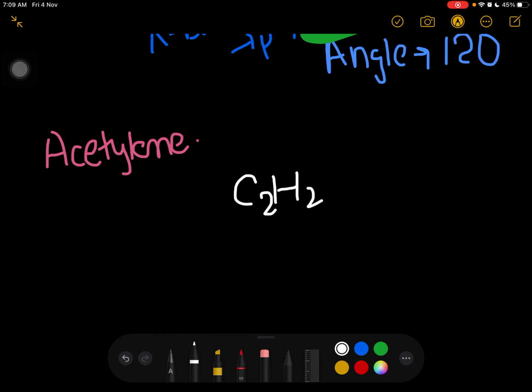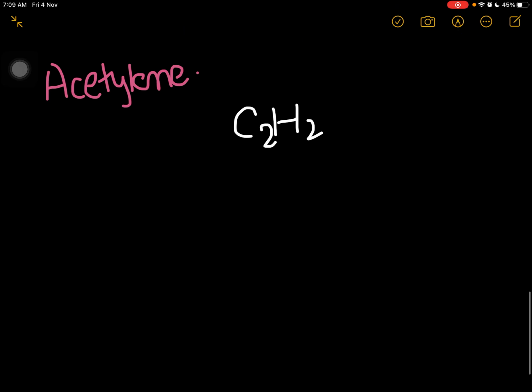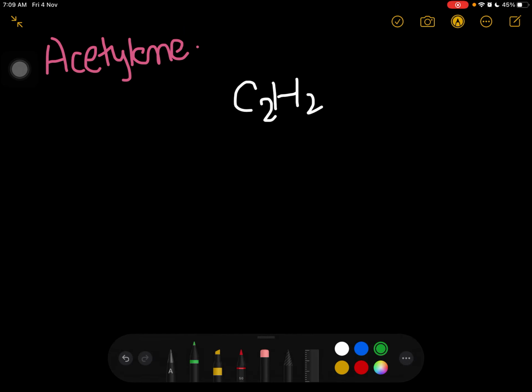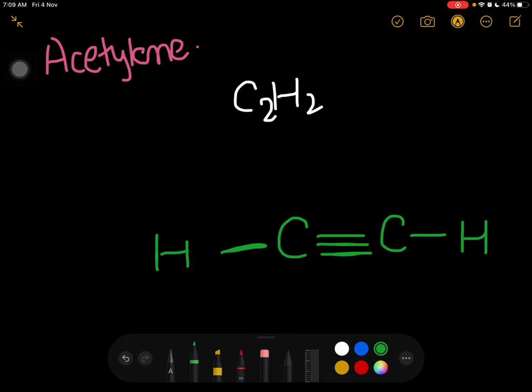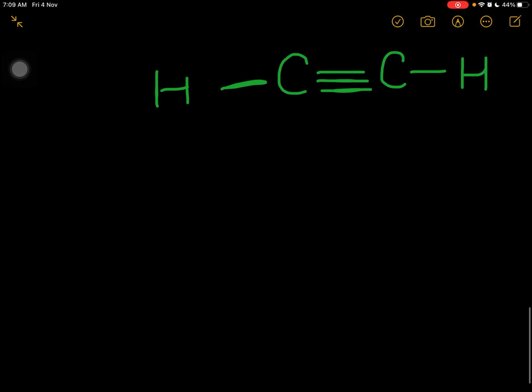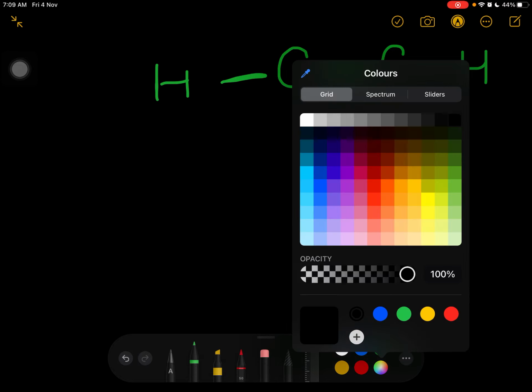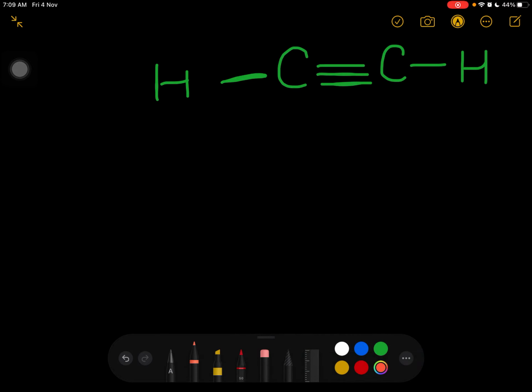And the structure of acetylene is like this: H, C triple bond C, H. We know the configuration of carbon, so let's talk about carbon in its excited state.